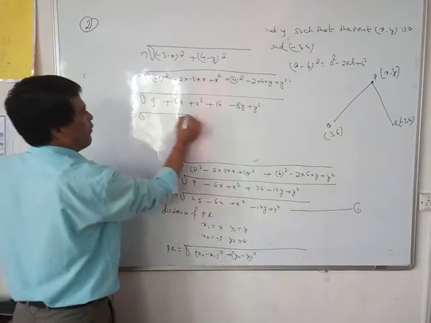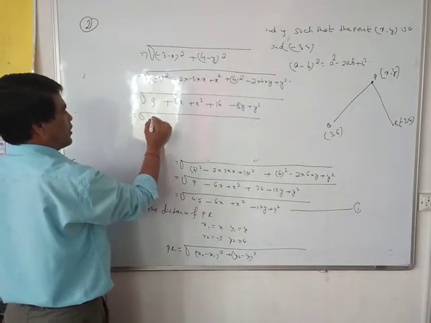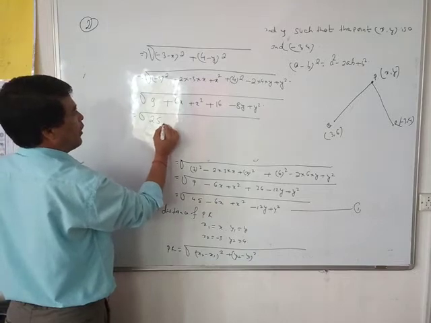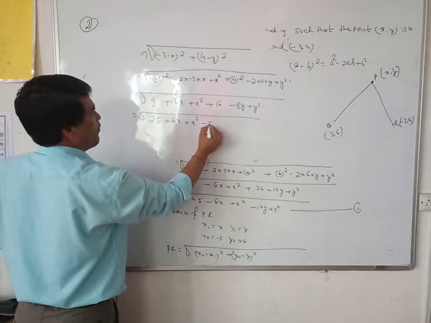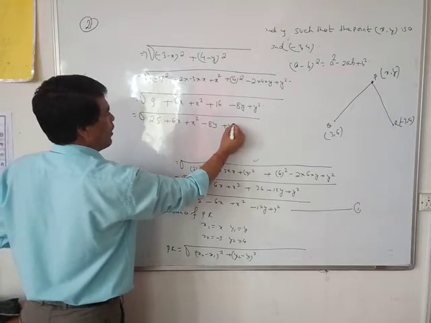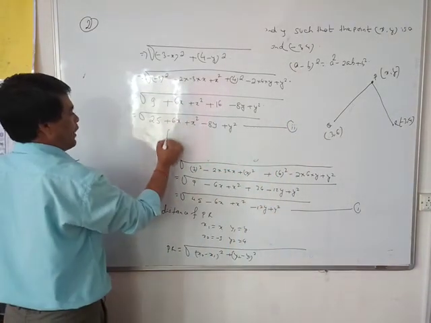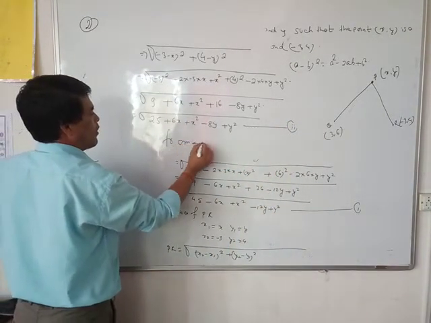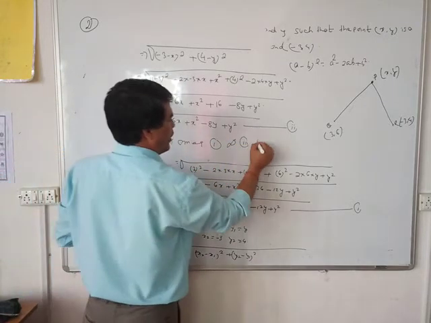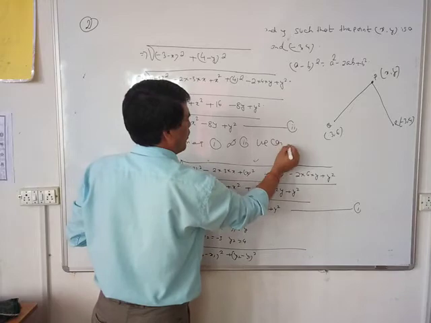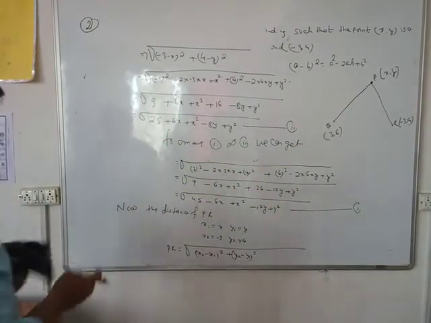Then again we have to combine the like terms: 9 plus 16 is 25, plus 6x plus x square minus 8y plus y square is our equation 2. Then from equation 1 and 2 we can get equation 1 equals equation 2.